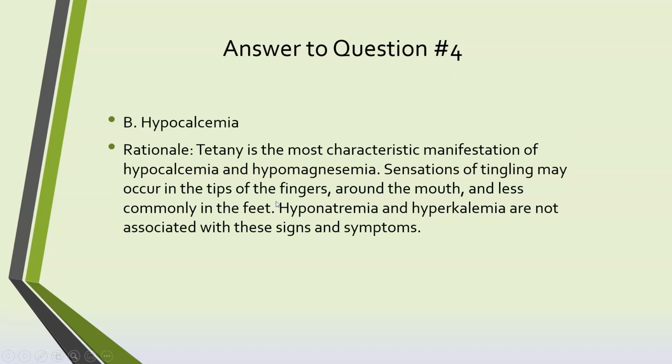Hopefully you said hypocalcemia. Tetany is the most characteristic manifestation of hypocalcemia and hypomagnesemia. Sensations of tingling may occur in the tips of the fingers, around the mouth, and less commonly in the feet. Hypernatremia and hyperkalemia are not associated with these signs and symptoms.